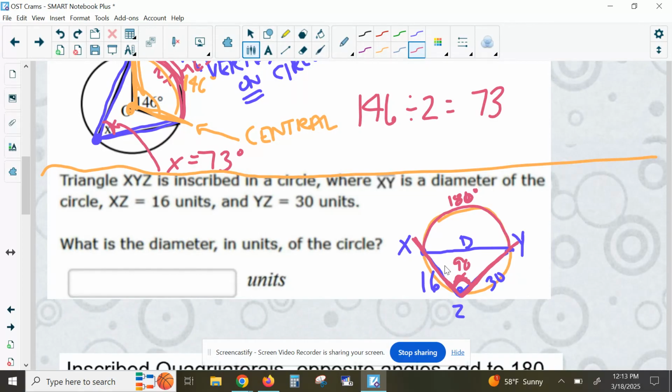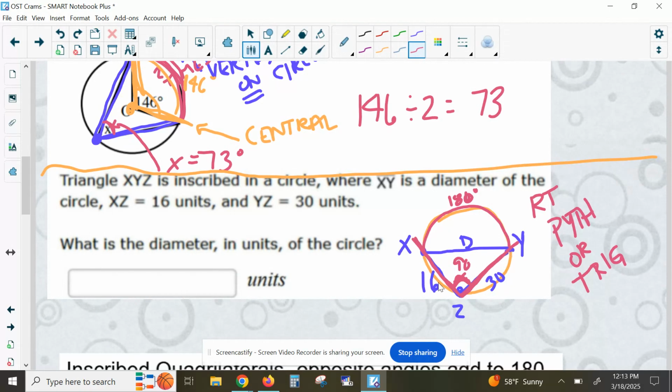Now that makes things a lot easier because if you have a right triangle, we know that we can use the Pythagorean theorem or sine, cosine, tangent. We can use trig to help us get something. So we're looking for this side of the triangle.